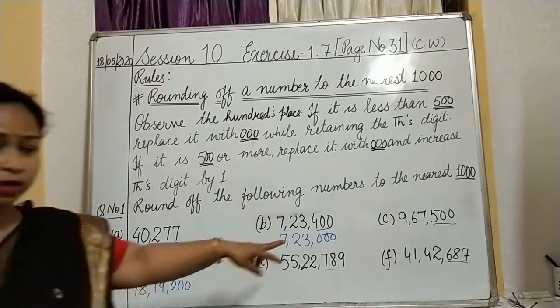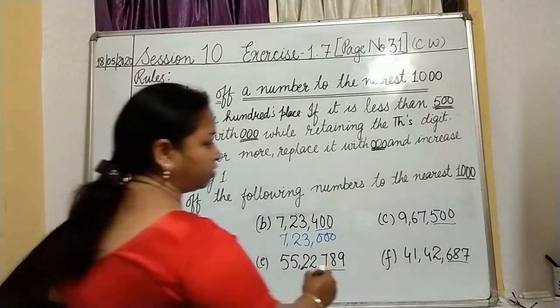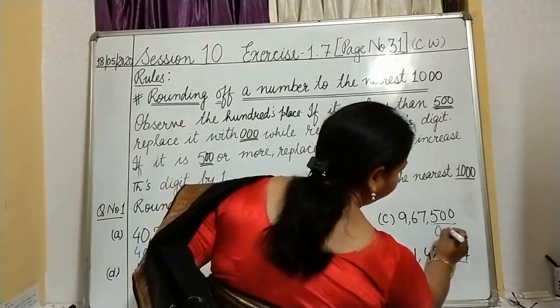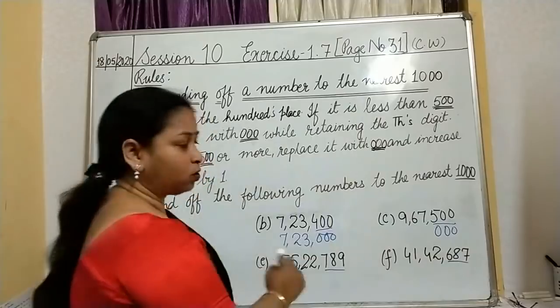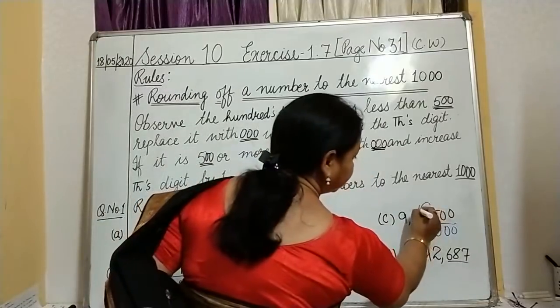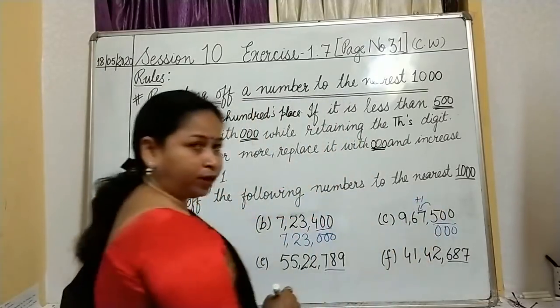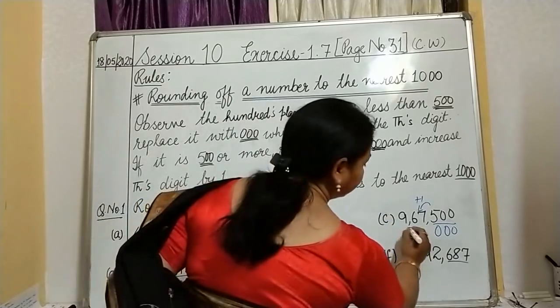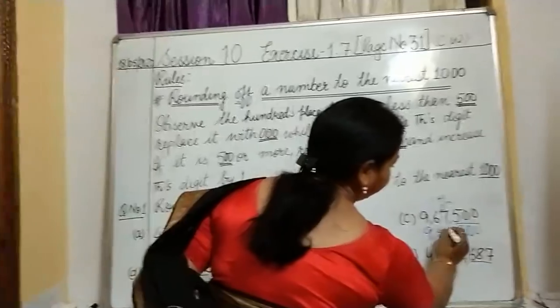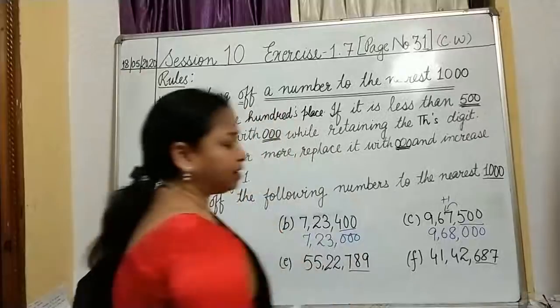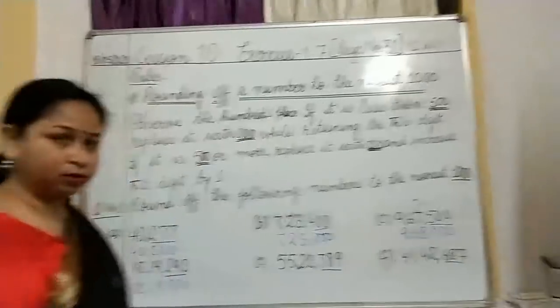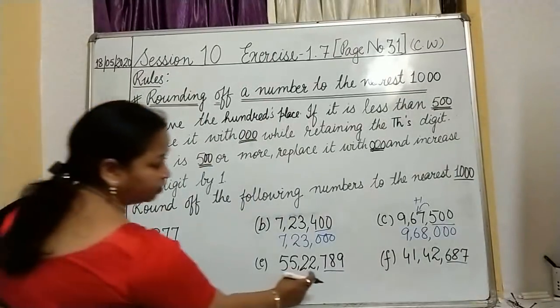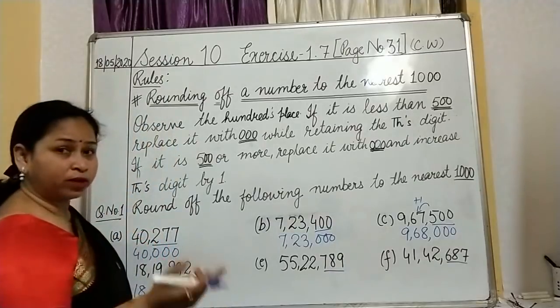Question number C, it is 500. So we will write 000 and increase this place by 1. The 1000 place will be increased by 1. So this becomes 9,68,000, right?